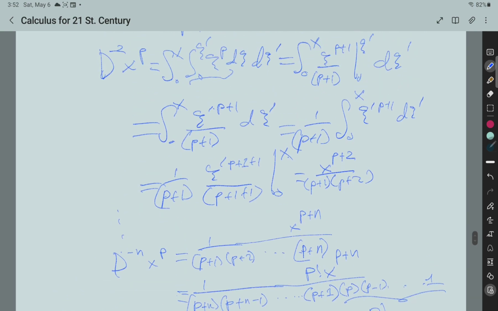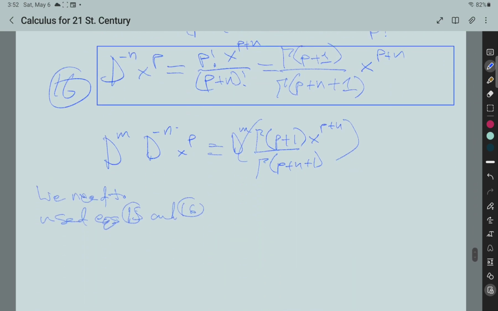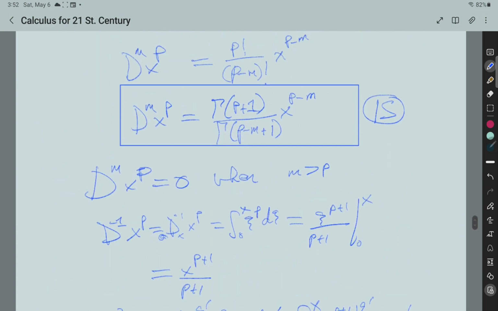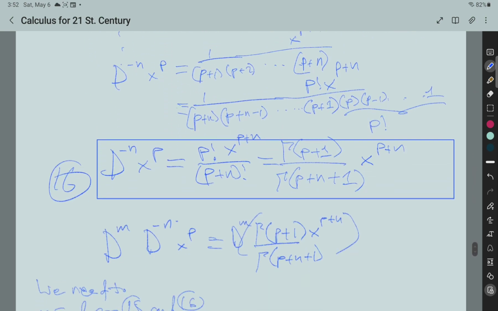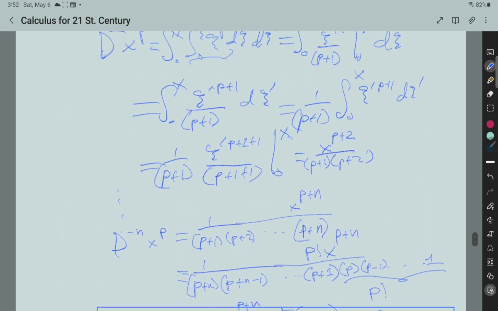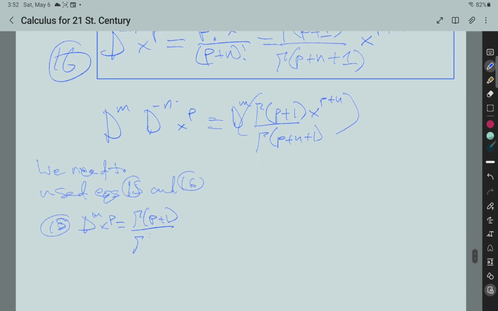So equation 15 is this: d^m x^p is equal to gamma p plus 1 divided by gamma p minus m plus 1, and the power there is x to the p minus m. Okay.